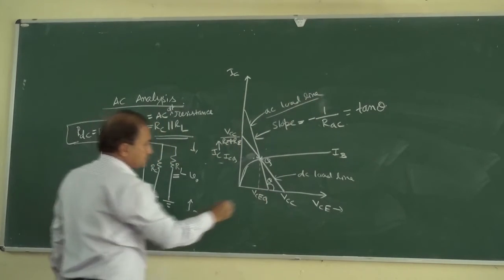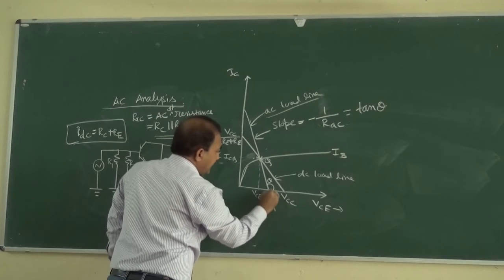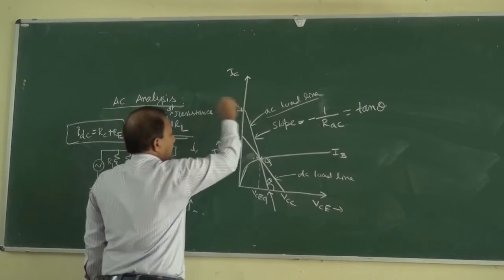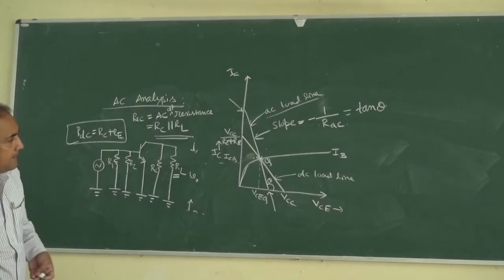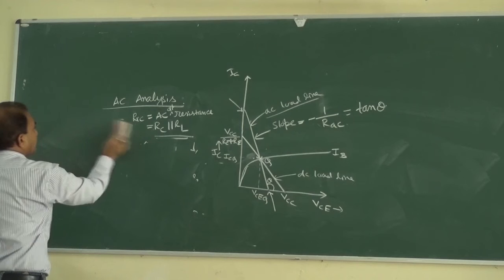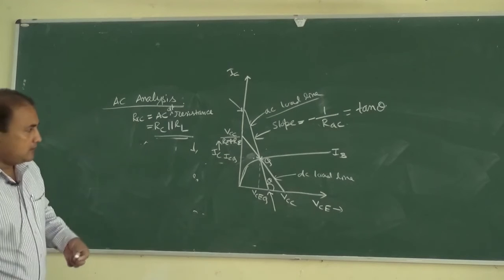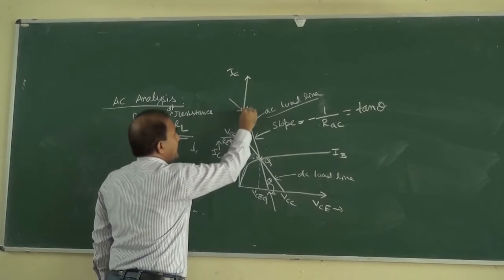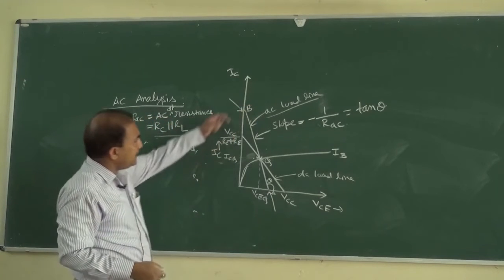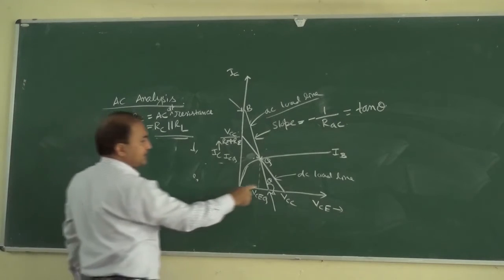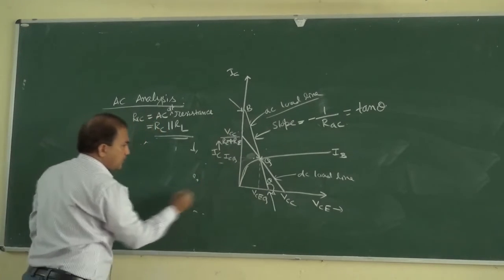So how can we determine this point and this point? Suppose this point is A and this point is B. We have plotted the AC load line, but how can we determine these points?